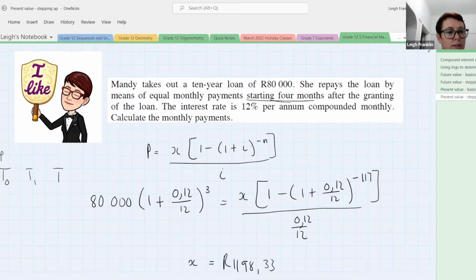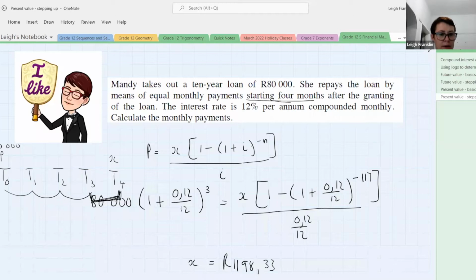T1, T2, T3, T4, and now she makes her first payment of X. So what's got to happen is that this present value amount of 80,000 Rand has to grow for 1, 2, 3 months. Okay, then there is the 1 month gap between T3 and T4, and then she starts paying. Okay.